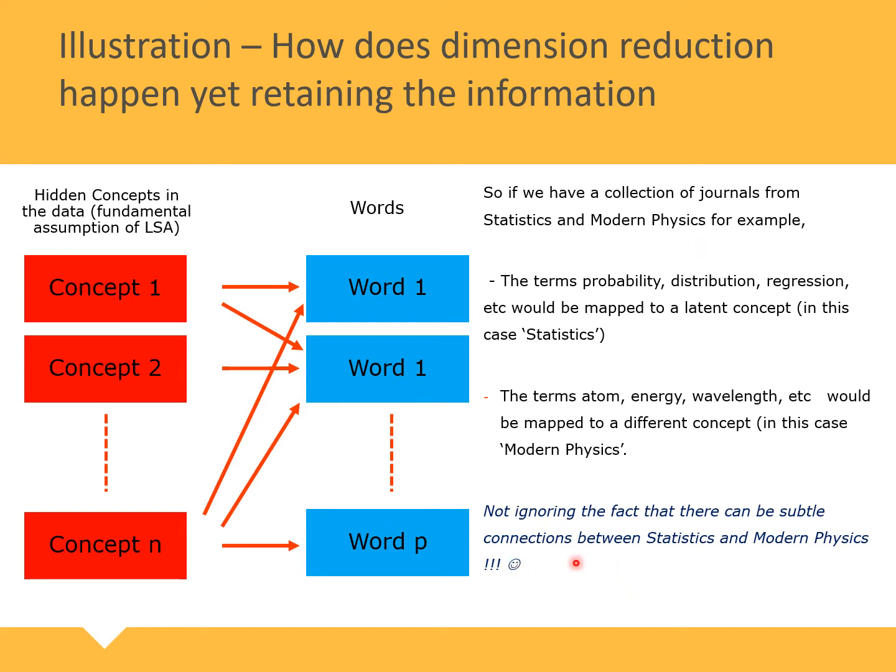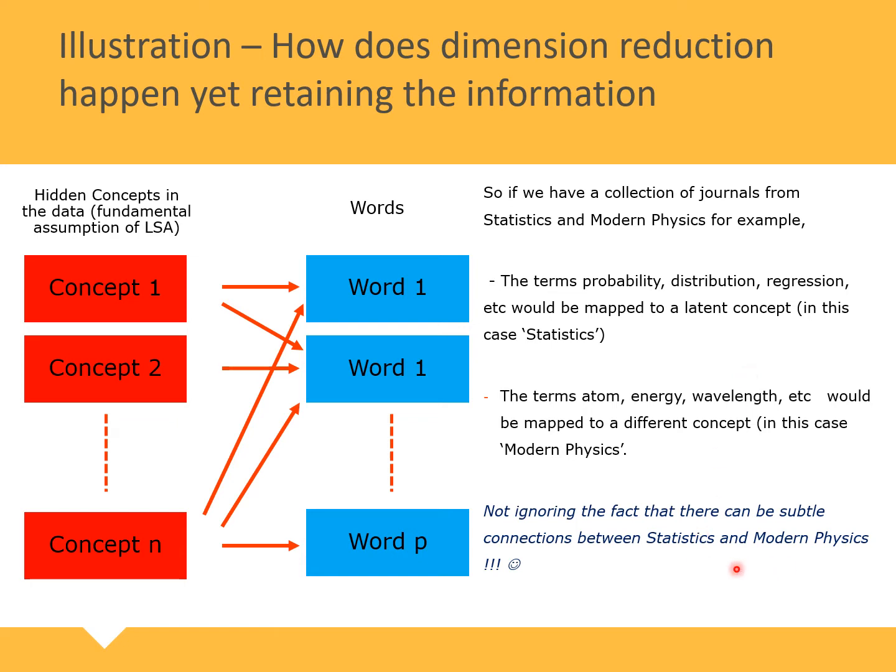Now, while constructing this example, I am definitely not ignoring the fact that there can be really subtle intrinsic connections between statistics and modern physics. Almost every domain is becoming interdisciplinary these days.